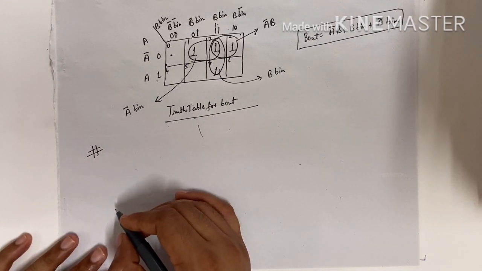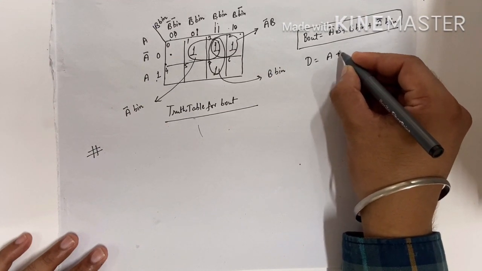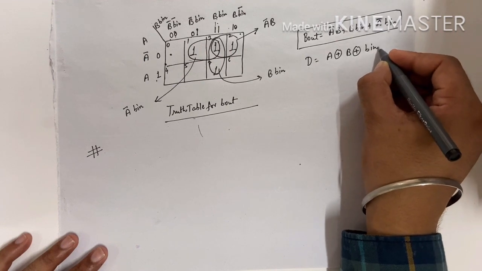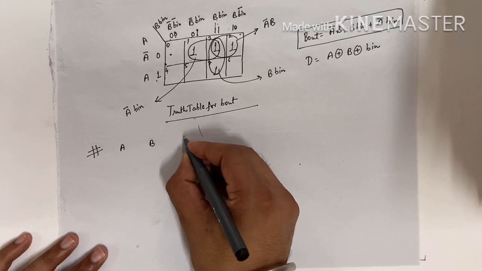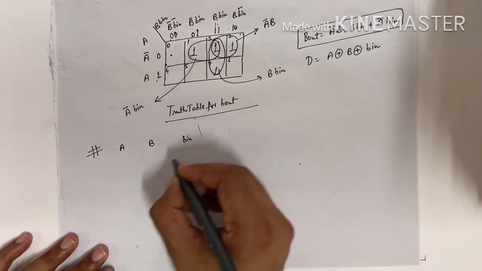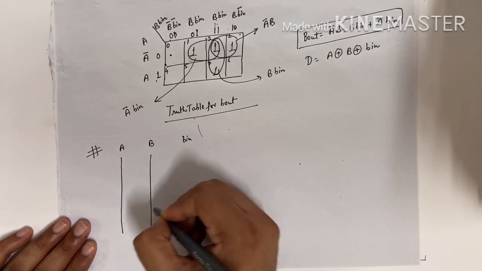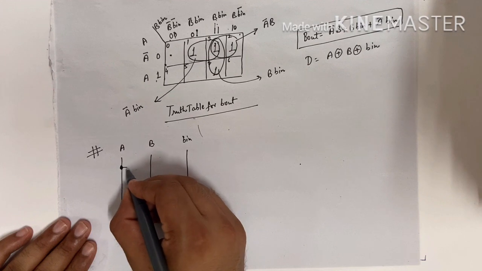In the combinational logic circuit, we can see that difference is A XOR B input. So firstly we put A here, B here and B input here. Now take these 3 variables simultaneously and apply the XOR gate. Okay.